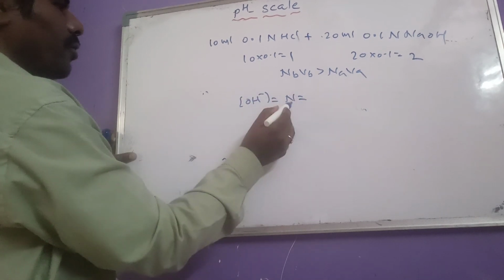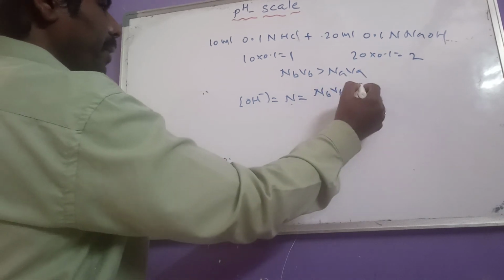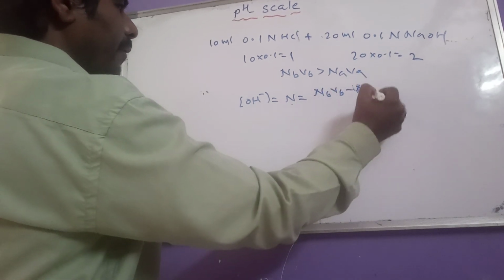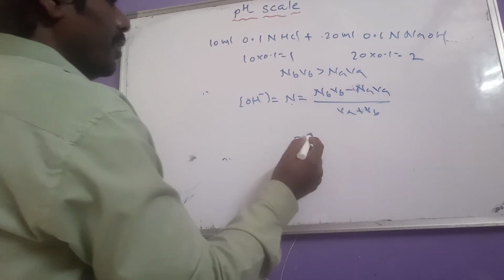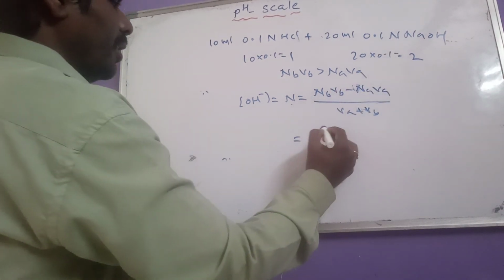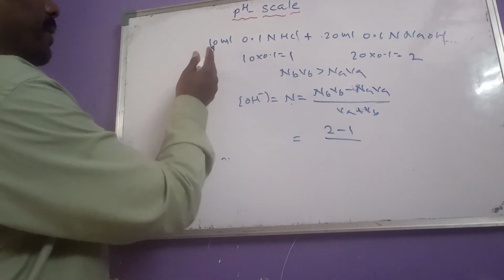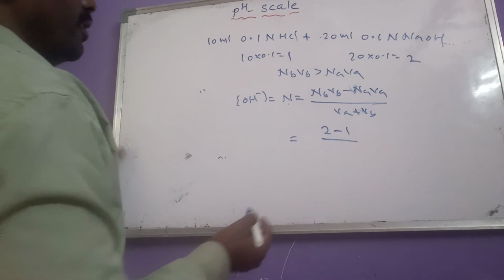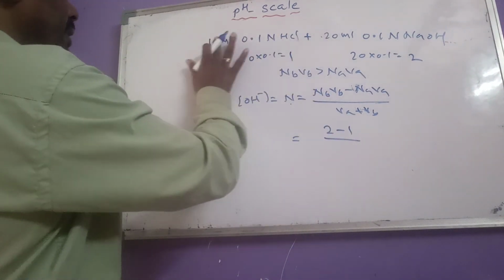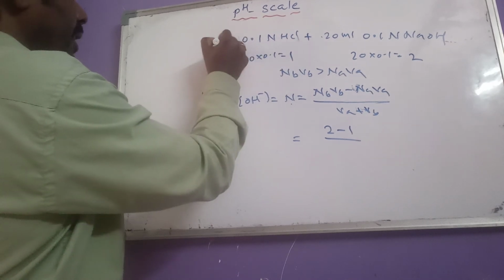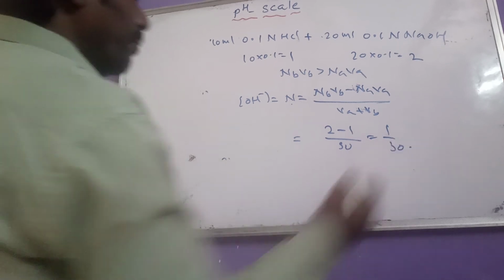Therefore, the resultant solution normality equals NbVb minus NaVa by Va plus Vb. That is 2 minus 1 divided by 10 plus 20, so 1 by 30.